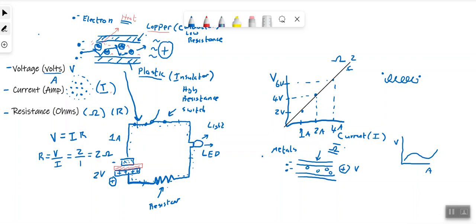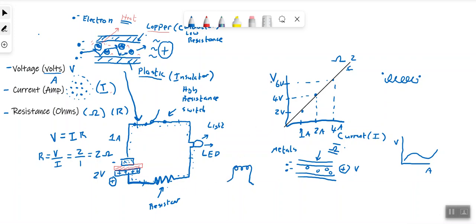Now, not all materials have the same resistance, so different materials will have different resistance. For example, in a filament bulb, like a lot of the old bulbs, inside the bulb you have a filament made of a material called tungsten. When electrons flow through this tungsten, it has high resistance.